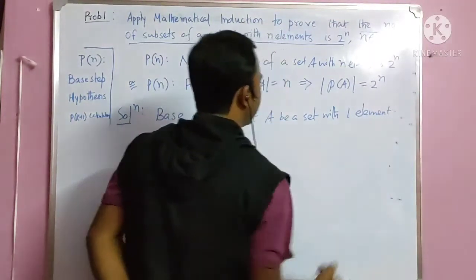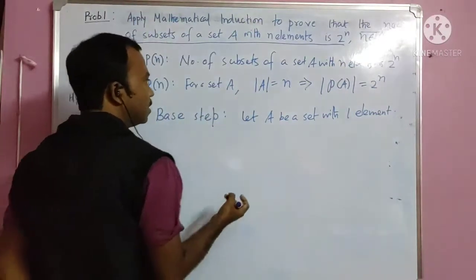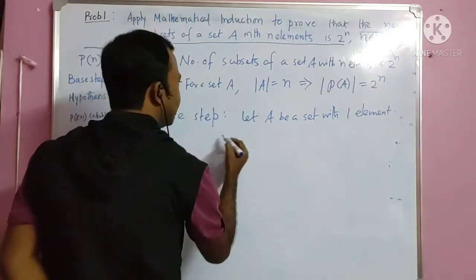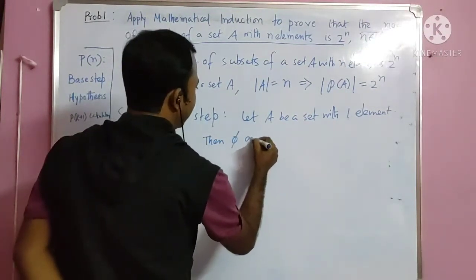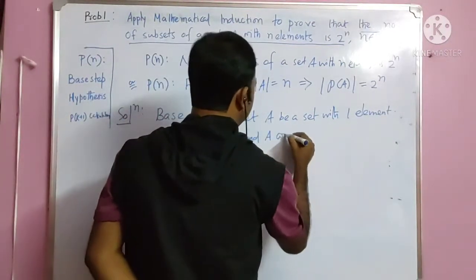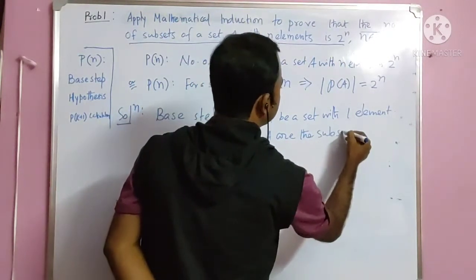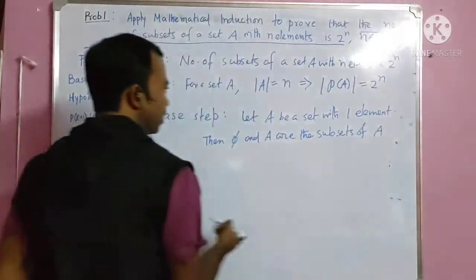Since it is a set with 1 element, we know exactly what the subsets are: phi and A are the subsets of A.